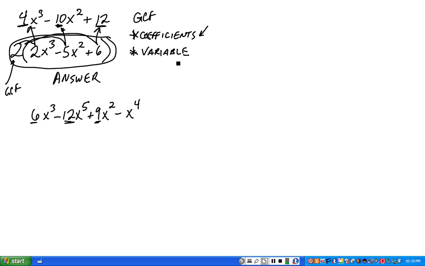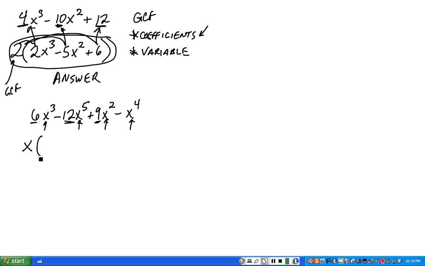So now I check variable. I see I have an x in this term, I have an x in this term, I have an x in this term, and I have an x in this term. There are 4 terms in this polynomial, and each term has an x in it. So the fact that each term has an x tells me I can pull an x out.